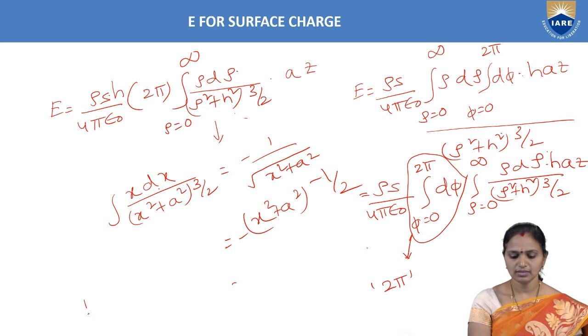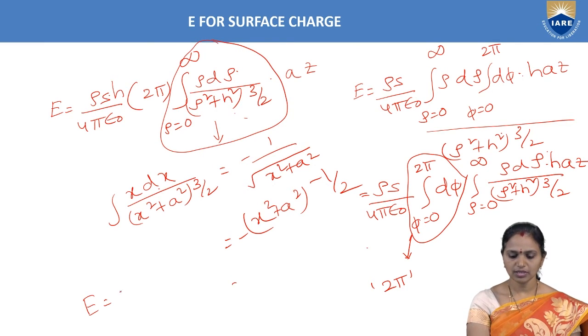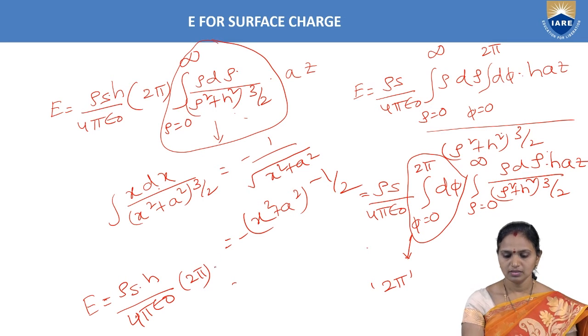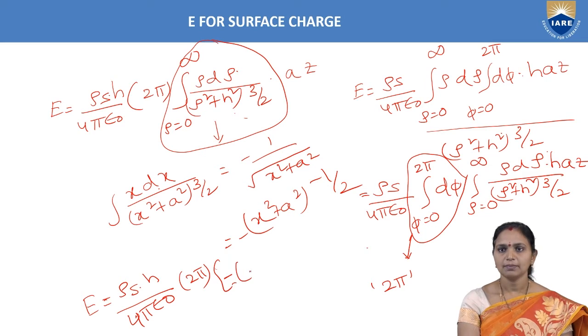So by simplifying this term, the resultant term obtained is, anyhow rho s is constant, rho s h by 4 pi epsilon naught into 2 pi, minus, in place of x is rho, rho square plus h square whole to the power of minus 1 by 2.